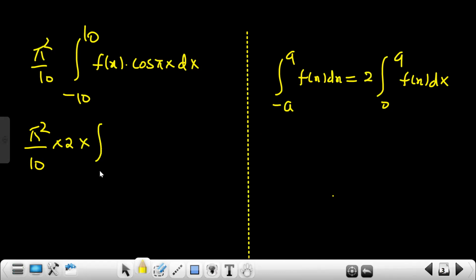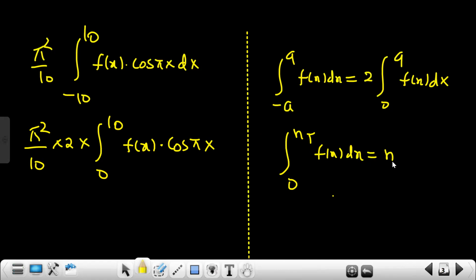2 times the integral from 0 to 10 of f(x) cos(pi x). Again, we know one property: the integral from 0 to nT of f(x) dx we can rewrite as n times the integral from 0 to T of f(x) dx, where n is a number and T is the time period.